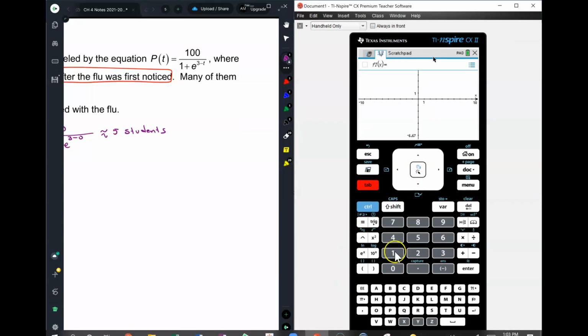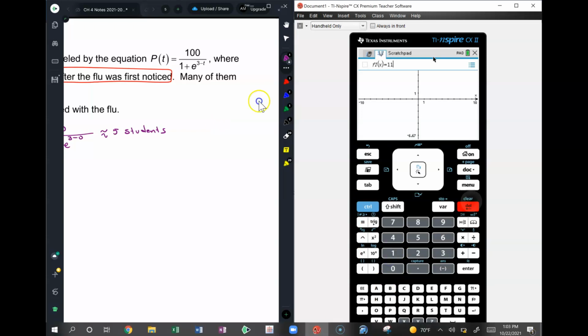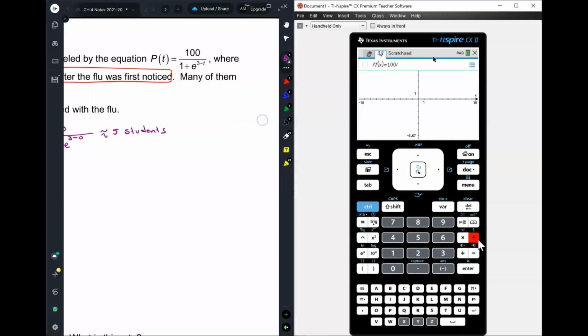So here, 100 over, in parentheses, please, 1 plus e to the power of 3 minus x. You graph it and it looks like this.